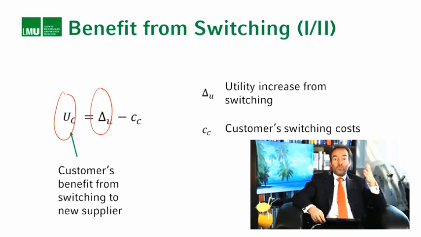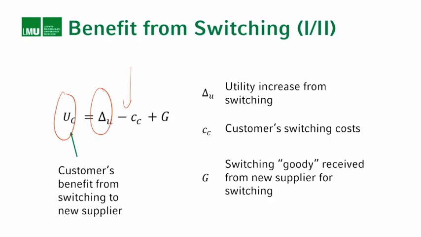Second, however, that's going to be reduced by the fact that you incur switching cost as a user. So the customer incurs some switching cost that is going to reduce the utility increase from switching. And thirdly, firms often give you some sort of goodie, some sort of special deal, special offer, special benefit if you switch, and that's the G.